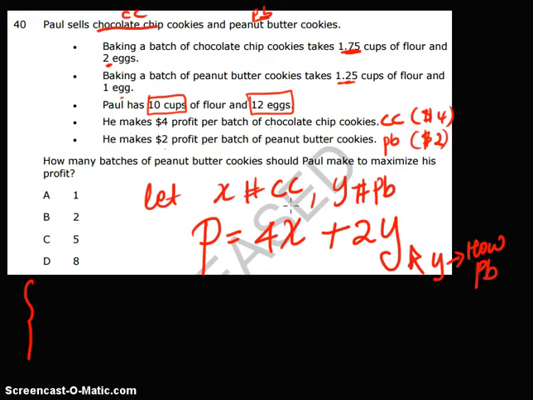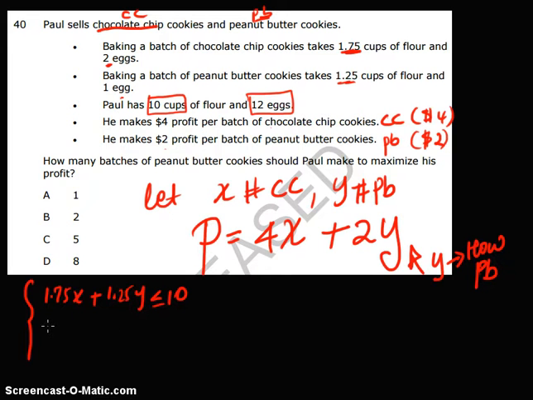For instance, the number of cups of flour gives 1.75X plus 1.25Y, which should be less than or equal to 10 cups.